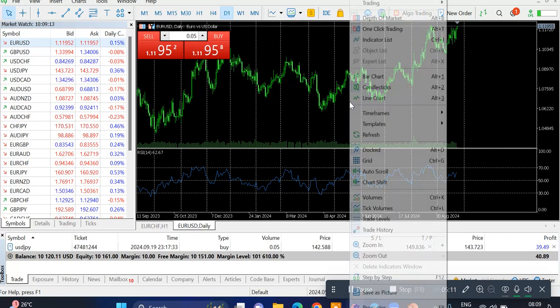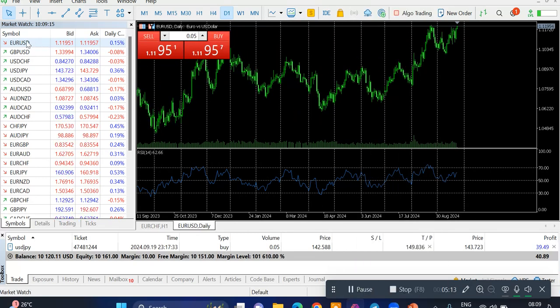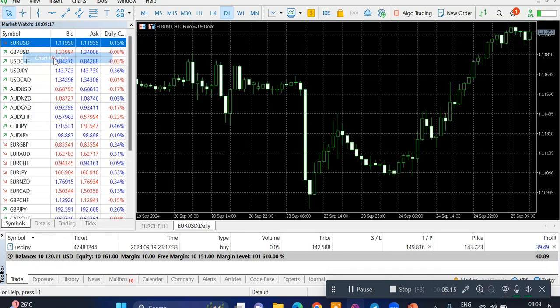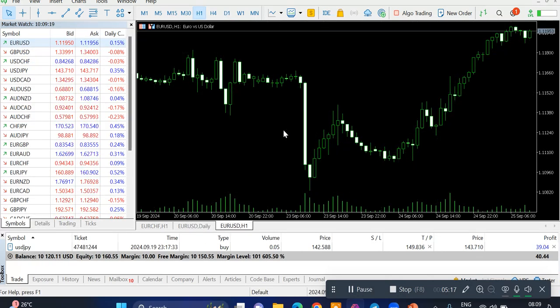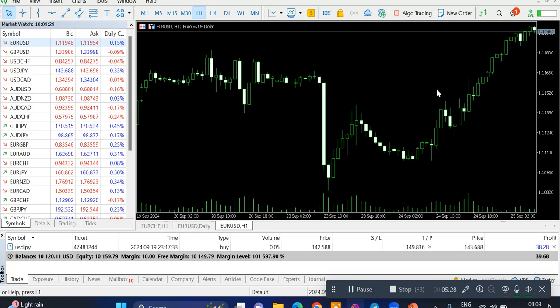Okay, so let's get a fresh chart window. Okay, so you would see a doji here, little or no body.